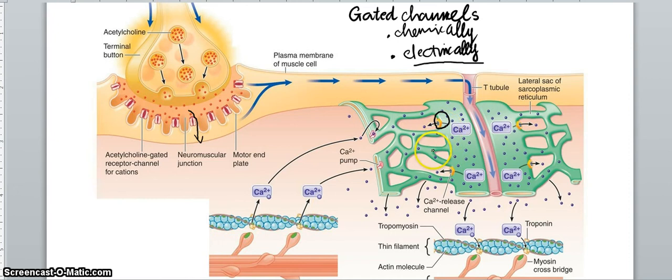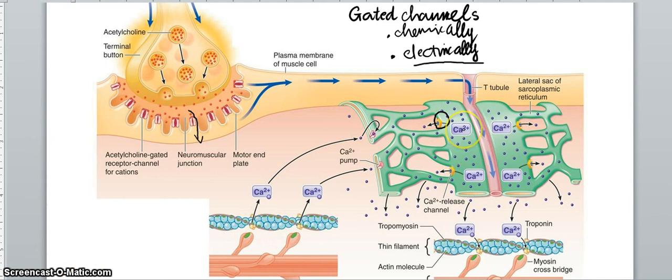In contrast to the chemically gated channels, these calcium channels are electrically gated. That means they only respond to a change in the electrical environment inside the muscle cell, and they don't respond to the binding of acetylcholine or other chemicals.